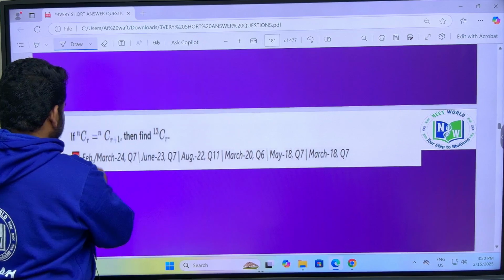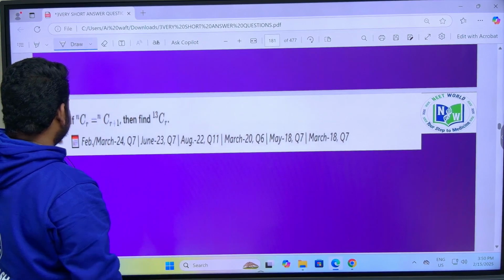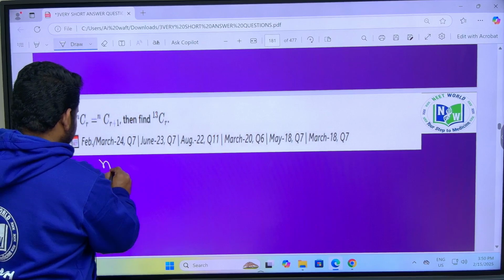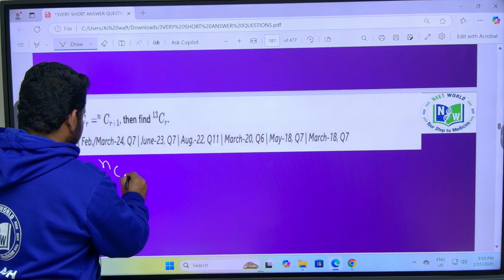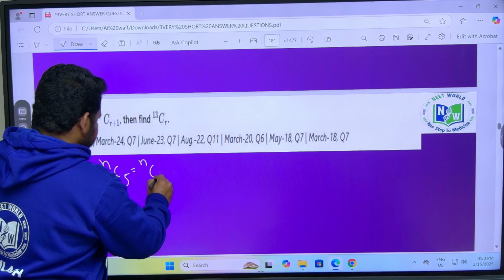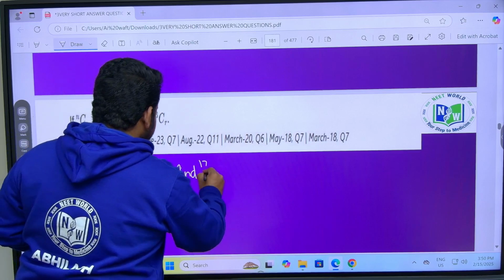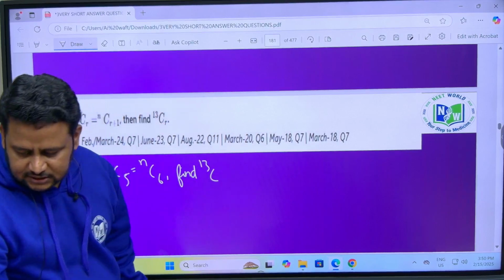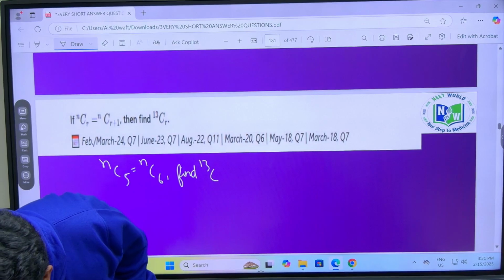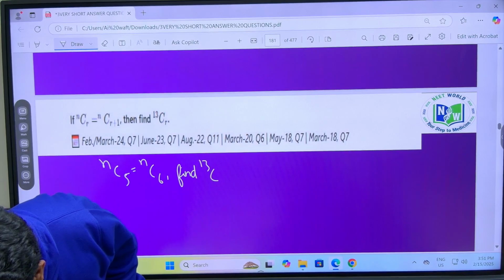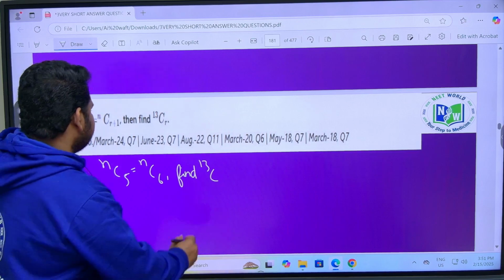Instead of R, they gave the same question. nC5 is equal to nC6, and they are asking us to find 13Cn.